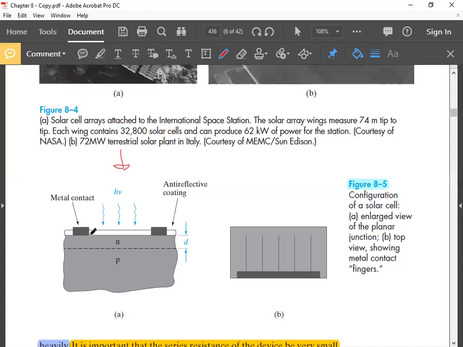So obviously if you can increase the surface area, the top area, that means the more is the area, more is the light incident or available to the junction. Okay, incident on the junction. So large area PN junction, more is the light available. So of course you can understand more is the number of carriers generated, optically generated carriers. So obviously if more is the number of carriers generated, then current will also be more, right?